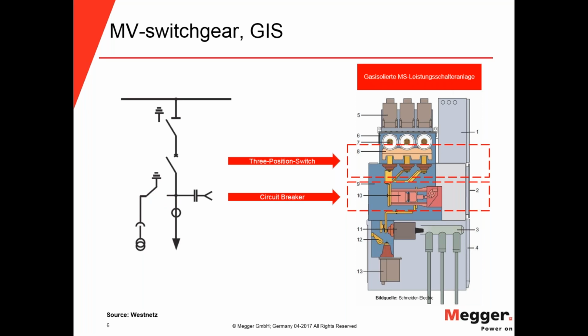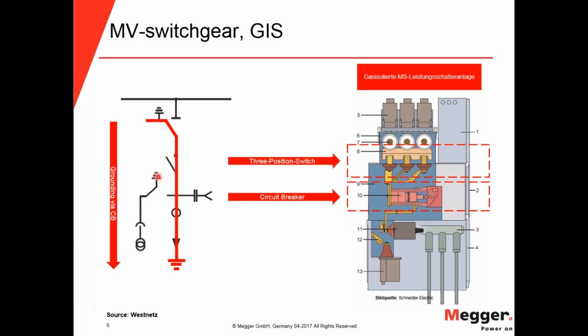The consequence of this is that the only way to ground this cable is to do it through the circuit breaker, because the only grounding that exists in this configuration is this one up here.